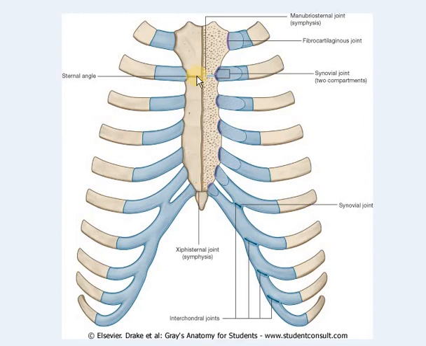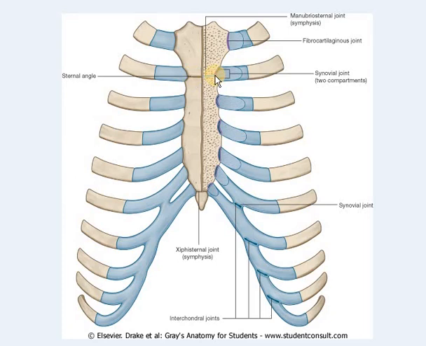Students, as I told you, this sternal angle, which is called the manubriosternal joint, has some clinical utility also. The horizontal plane which passes through this sternal angle separates the superior mediastinum from the inferior mediastinum, and this sternal angle marks the limit of the ascending aorta and the beginning of the arch of aorta.